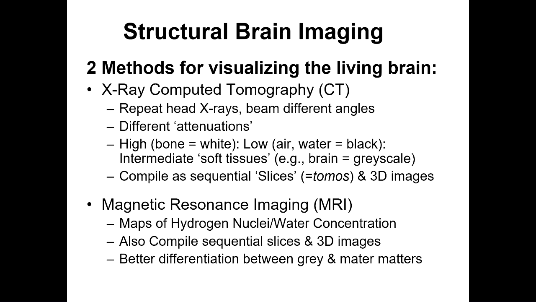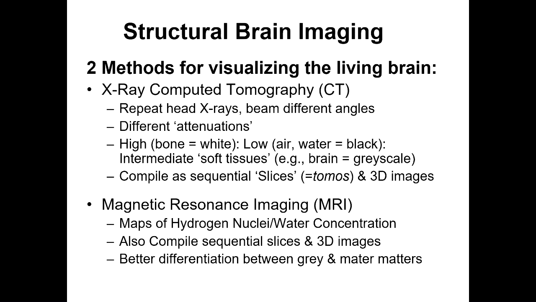And the scanner passes, again in different directions, a really powerful magnetic force through the head, because the magnetic field around the MRI scanner is several thousand times greater than that of the magnetic field of the Earth. And it causes hydrogen nuclei to spin in the same direction as the direction of the magnetic pulse.